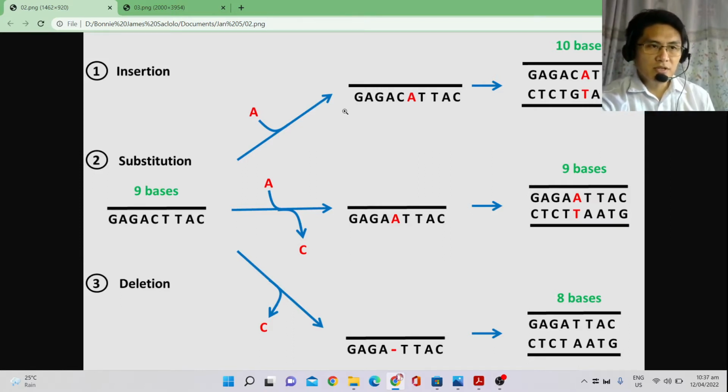So instead of it being just GAGAC TTAC, a letter could be inserted, and you have now changed the code. Sometimes it could be a substitution, meaning it should be C here, but it's substituted with an A, such that the code changes. And then you could have a deletion where there should be a C there, but it's deleted.